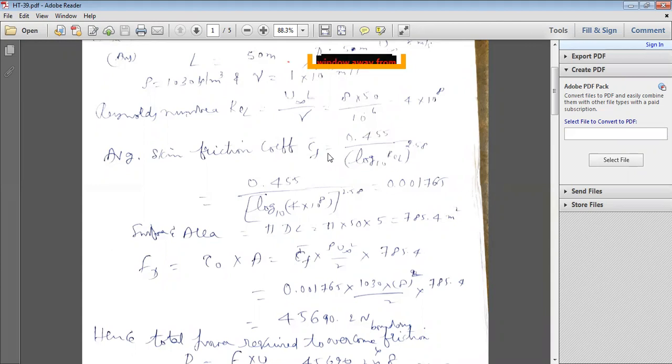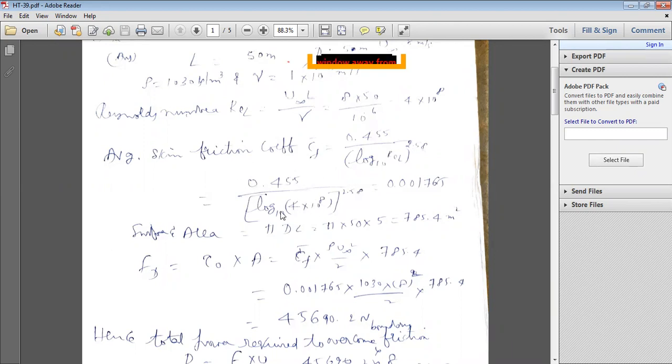So here, how do you calculate the average skin friction coefficient? Cf bar is equal to 0.455 divided by log Re_L to the base 10 whole to the power 2.58. So that is equal to 0.455 divided by log of Re_L, that is 4 into 10 power 8, already calculated, to the base 10 whole to the power 2.58.